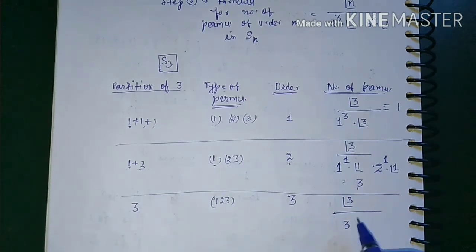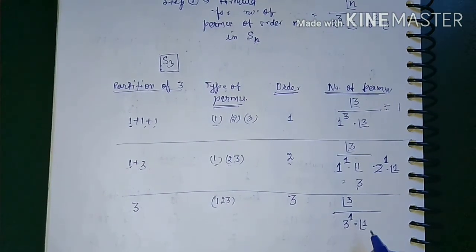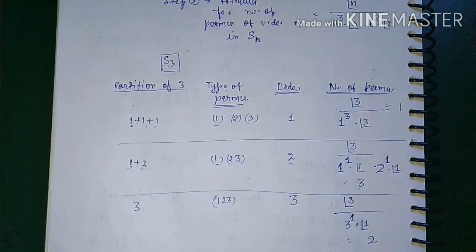There is a single time here, so 1 into factorial of 1, and it is equal to 2. So the number of permutations of order 3 is 2.